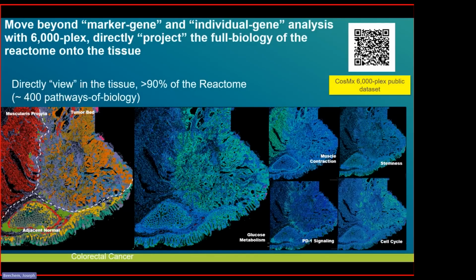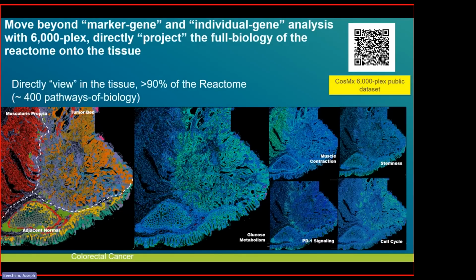Now, the beauty with all those pathways, there's all sorts of undiscovered pathways that map like this in tissue, but no one's ever examined them, and now you can. You can project PD-1 signaling, cell cycle, stemness. I could see the muscles with my eye on that. You can see the muscularis propria in the colorectal one. And I said, well, let's just project muscle contraction onto that.